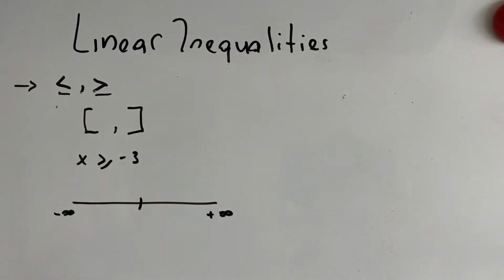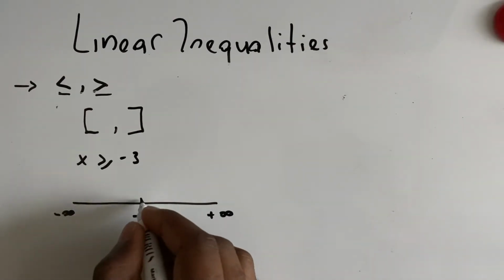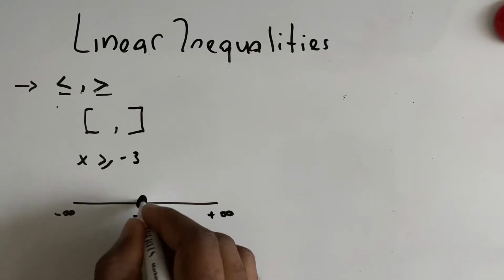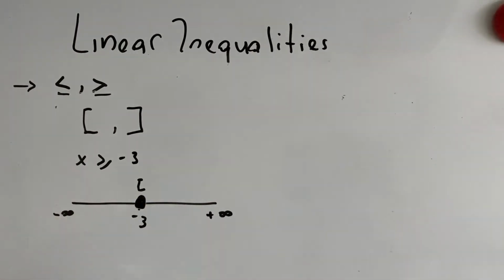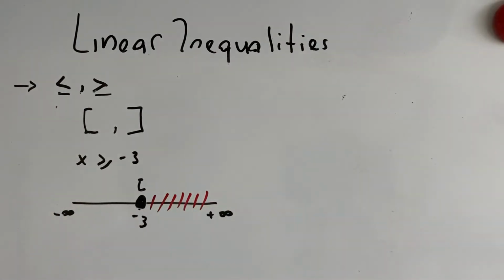A number line in this case, put your -3 here. Now it's greater than or equal, so that means it's a closed circle, or you can use a bracket. So it has to be on the right of it here, all the way to positive infinity.